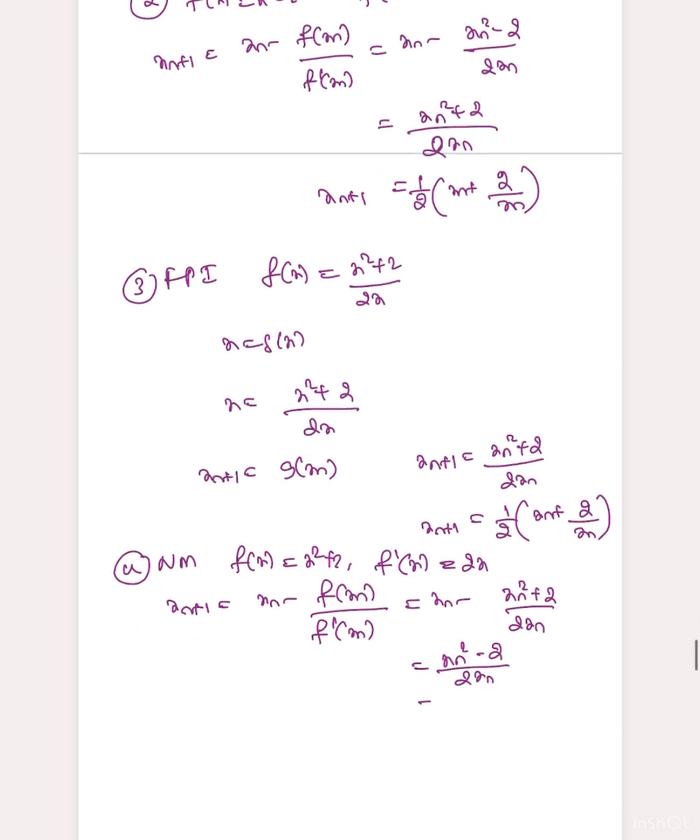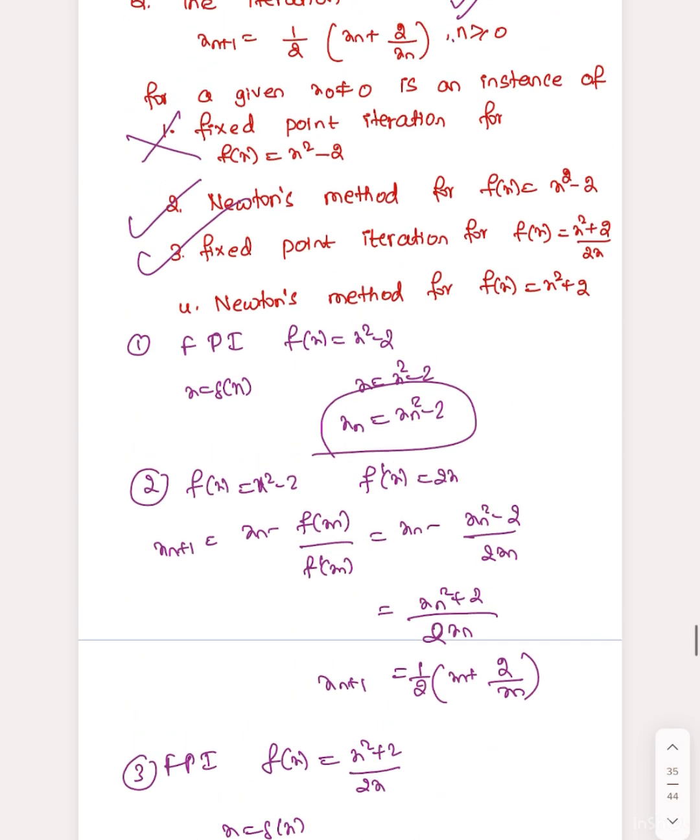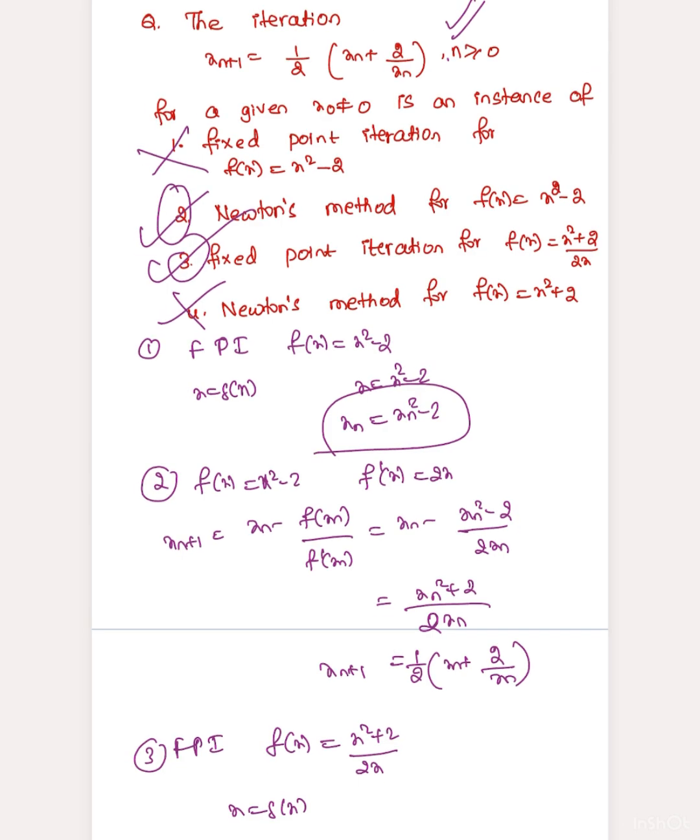So take 1/2 common, this will be (1/2)(xn − 2/xn). So here we have a negative, and the given scheme has a positive. Therefore Newton method for f(x) = x² + 2 is not the option. Therefore the correct options are options 2 and 3. And this is how we can solve this question.